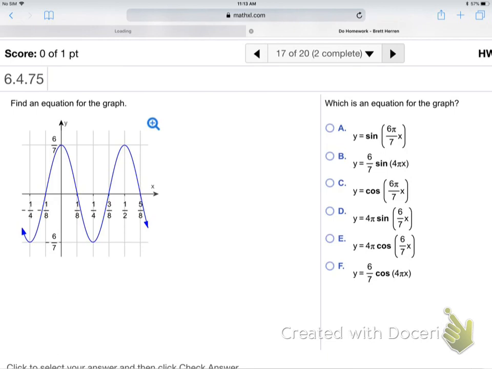It's F. Raul's right on the money. It's going up to 6/7, so it's got to have 6/7 in the front. Only 2 of them even have 6/7 in the front. We know it's cosine because it starts high. Is that making sense?